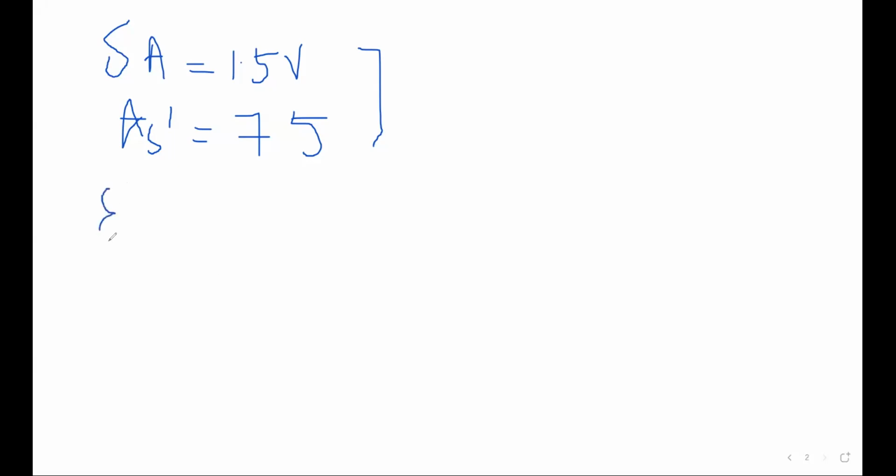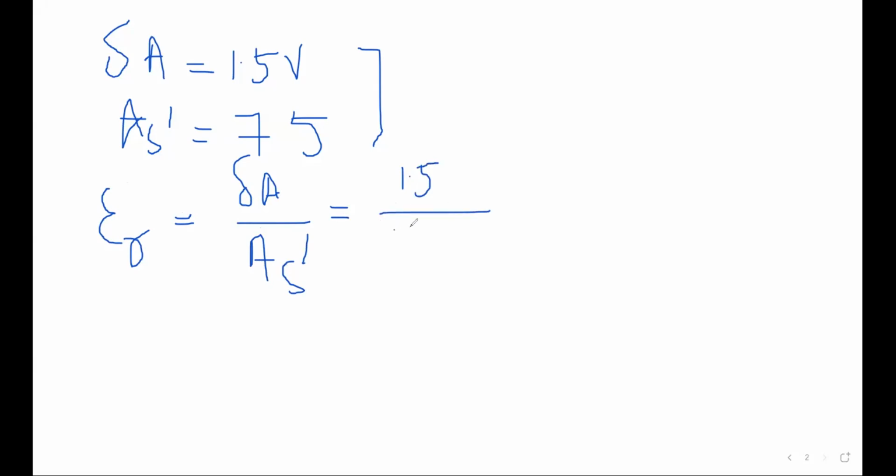So now you tell me what formula you will use for epsilon r. You have to use the formula of del A divided by the nominal value which is given in the problem, that is AS dash you can take. So my del A is 1.5 which I have evaluated previously, and my AS dash is 75 which is given in the problem.